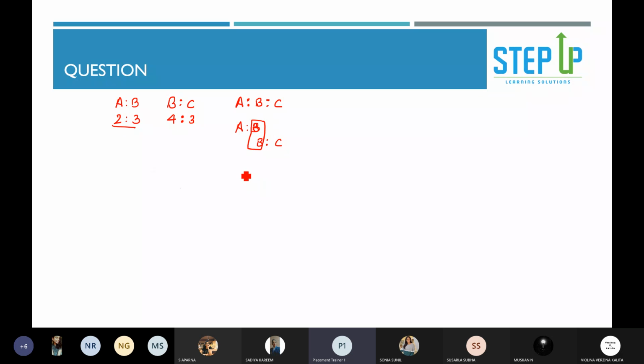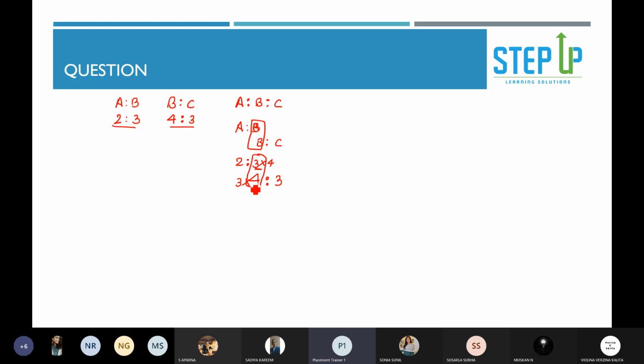When you write A is to B, it is giving you what? 2 is to 3. When you write B is to C, it is what? 4 is to 3. So you need to make this term common. All right, you need to make this term common. So to make this term common, I'll multiply 4 here and I'll multiply 3 here.